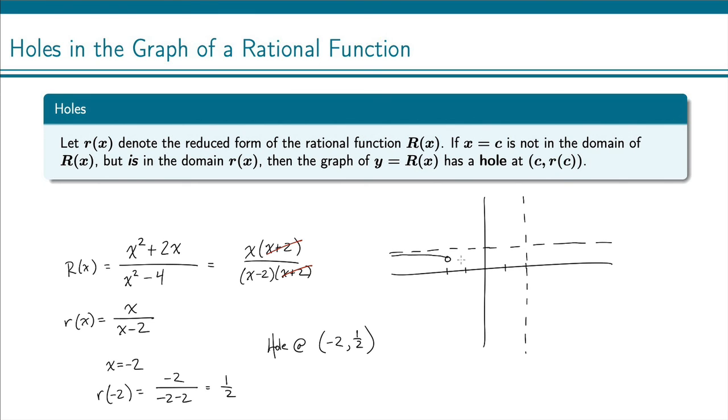It kind of hits that hole and keeps going. This is the graph of the function capital R of x. You'll notice we just draw it like we do normally, but the hole, we just draw it as a hole, there, so we don't actually get to touch that point.